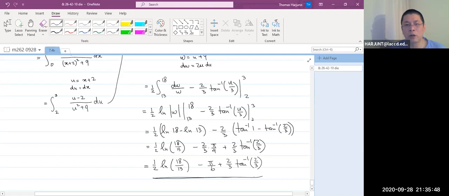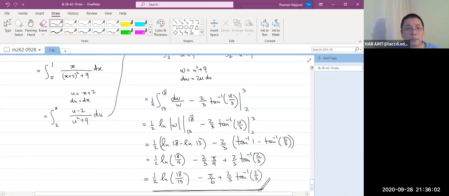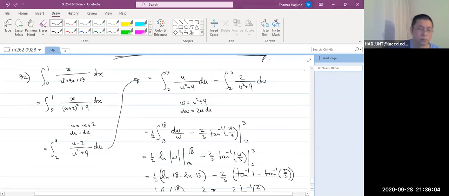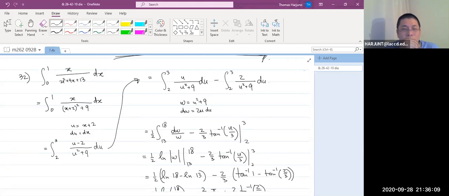You don't need to use a calculator, leave it in exact form. Now the 0 and 1 there is just variation, actually nothing much to work on. But let me show you another method to do this.